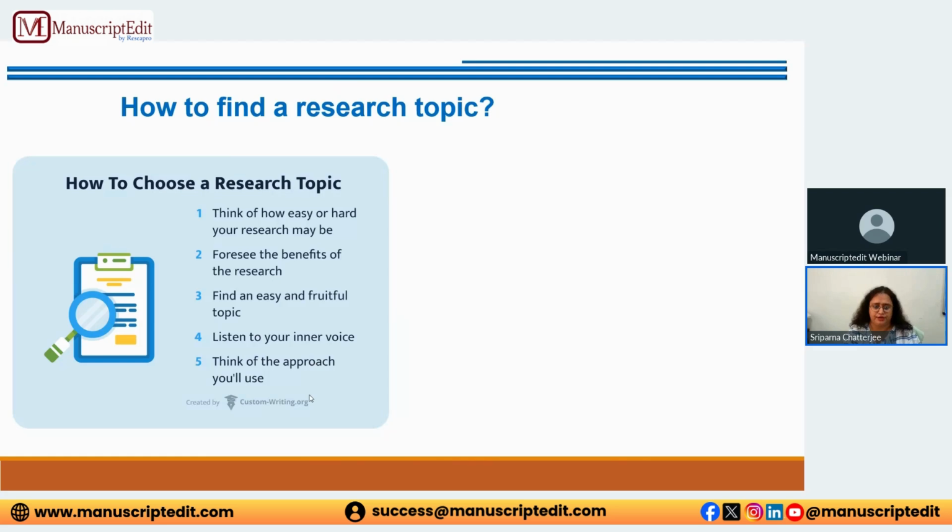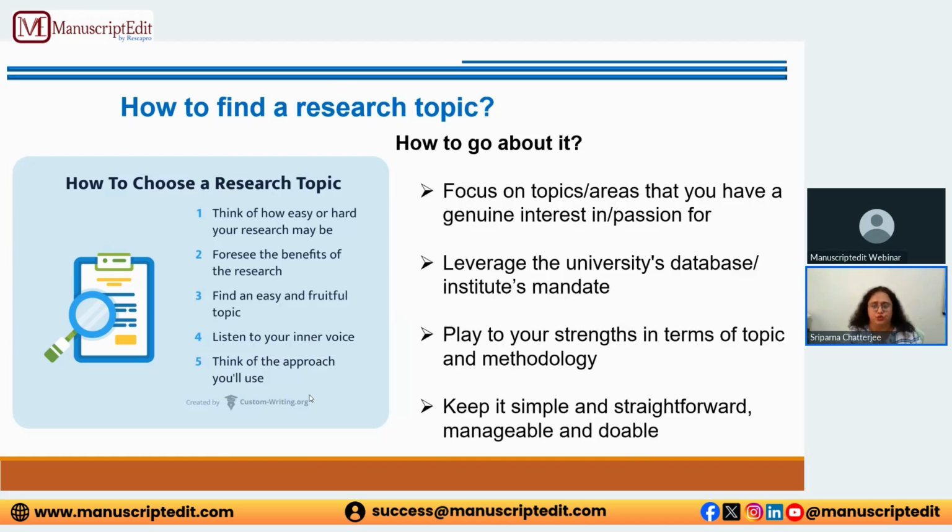This is very important. You should also think in which way you are going to get the solution. That should be your approach. So how to do this? First you focus on the topic or area for which you have a very genuine interest or passion.